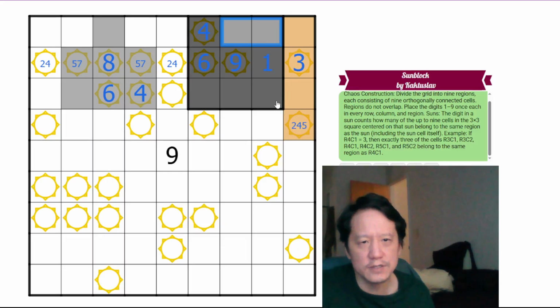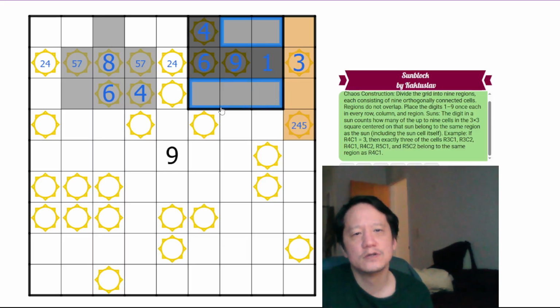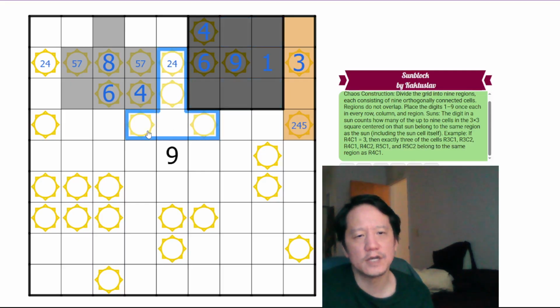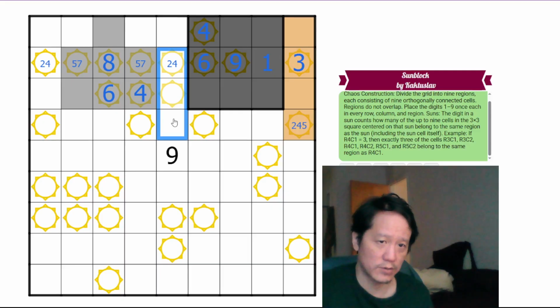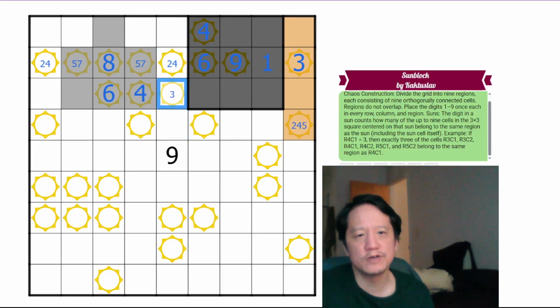Remaining digits in this box are... So in this region, it sees at most 5. So it cannot be 2, because it goes out either here or it goes out here. So then this is 3, cannot be 4, it's 3 or 5 here of cells that it sees.